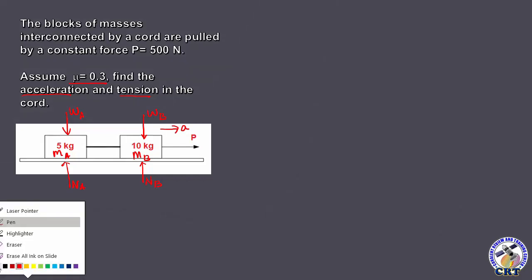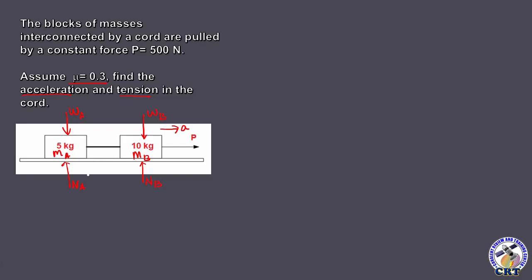So let us solve. First, let us calculate the value of weight A. What is the value of weight A? This is equivalent to the mass times the acceleration due to gravity.